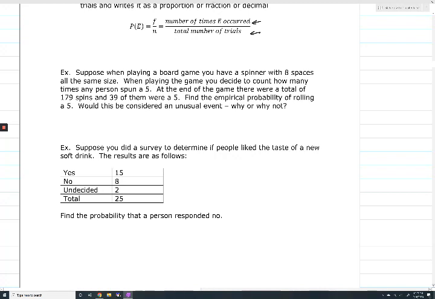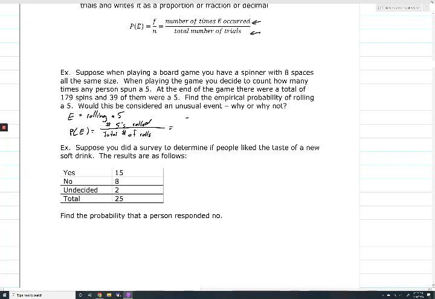So we'll start off with E is equal to rolling or spinning a 5. So the probability of E is equal to number of 5s rolled over total number of rolls.